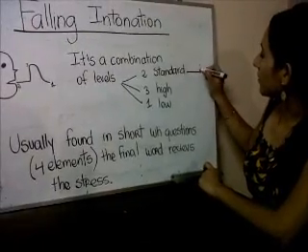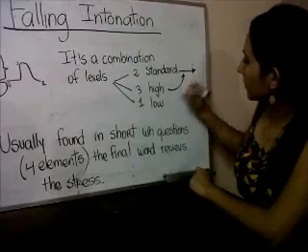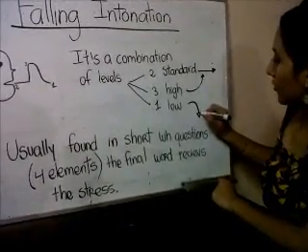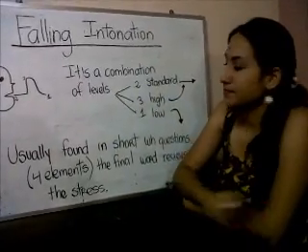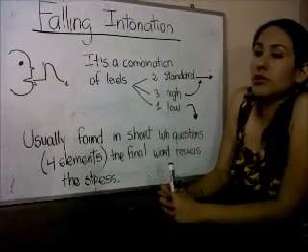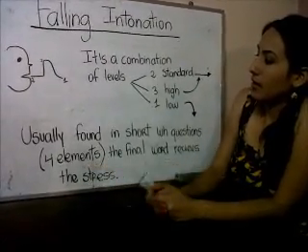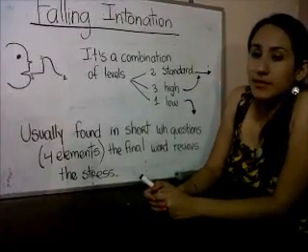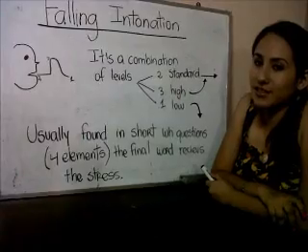A standard, high, and a slow, as the drop. Usually found in short WH questions. It has 4 elements, and the final word receives the stress.